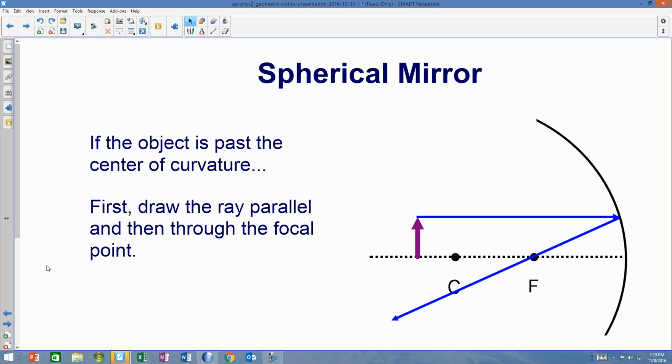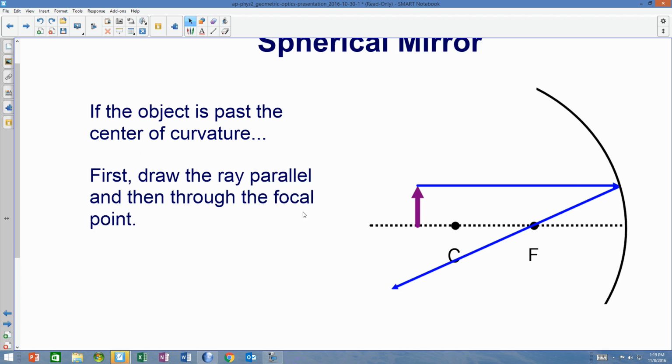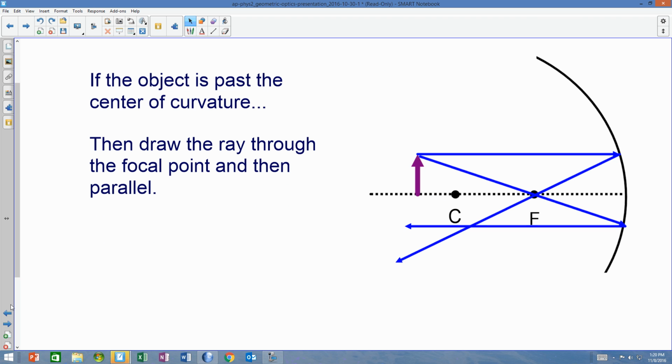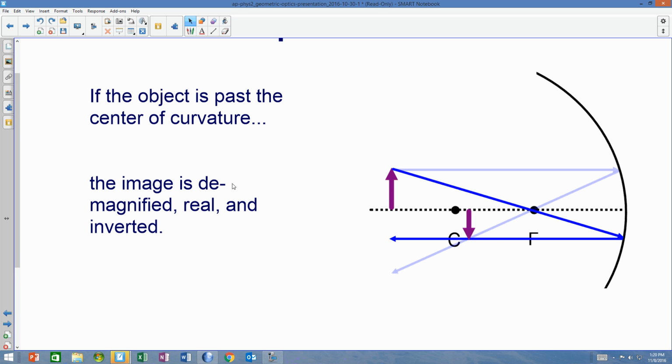If the object is past the center of curvature, we're going to first draw the ray parallel and then through the focal point as shown. You then draw one through the focal point out parallel. Then you draw it through the center of curvature, which should go like this.